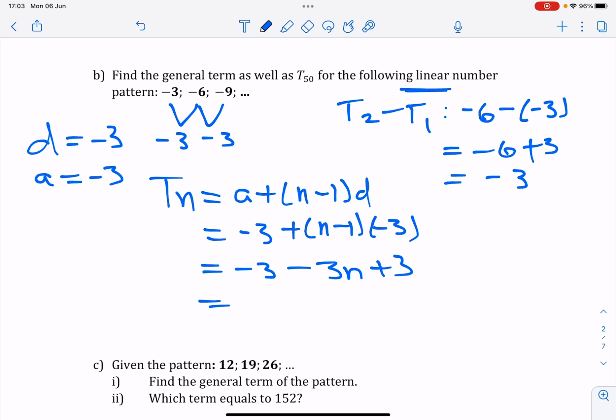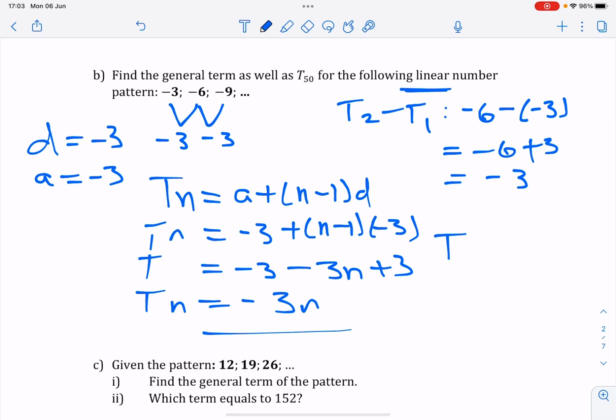The 3's cancel, the negative 3 and the positive 3, so we're left with minus 3n. So Tn is equal to minus 3n. Okay, term 50: T50 equals minus 3 times 50, which is equal to minus 150.